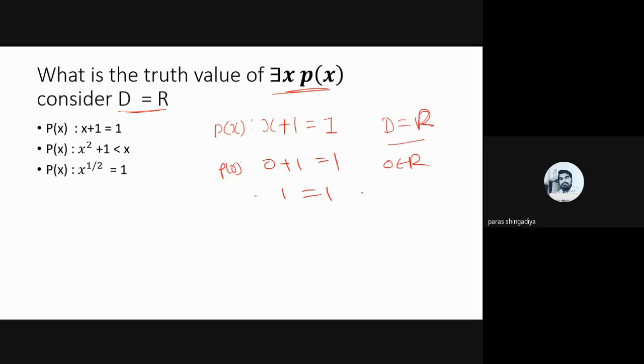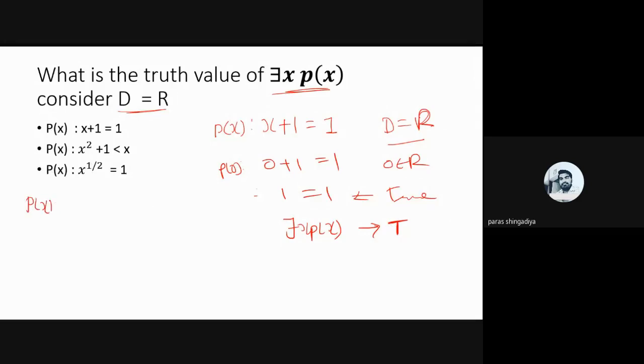What does it mean? It is true, meaning P(0) is true, meaning there exists one value from the domain where P(x) becomes true. So in the first example, there exists x P(x) will be true. Now in the second example, what is the answer?